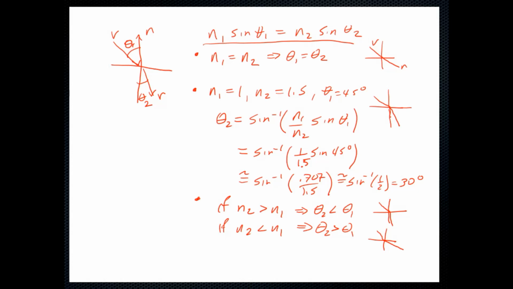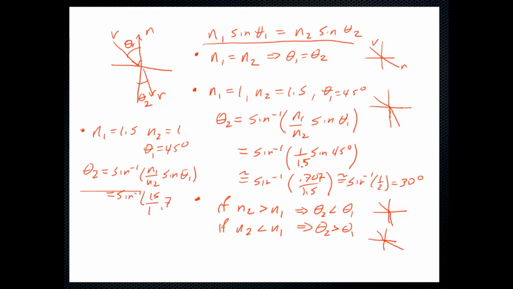Let's do one more case. We're going to reverse our previous case. We're going to have n1 equal 1.5, n2 equal 1, and we still have theta 1 equal to 45 degrees. Then theta 2 is equal to inverse sine of n1 divided by n2 times sine theta 1, which is equal to sine inverse of 1.5 over 1 times 0.707.